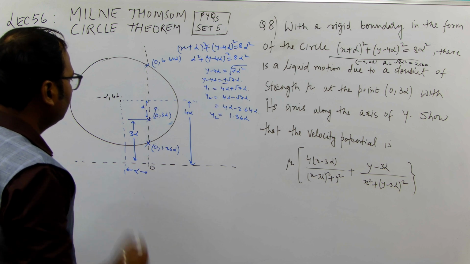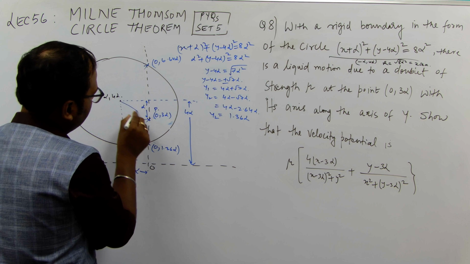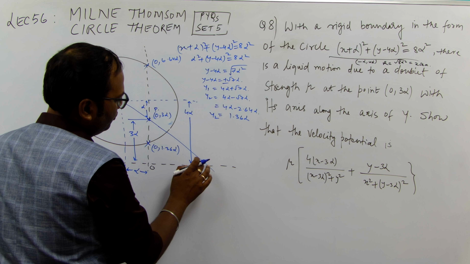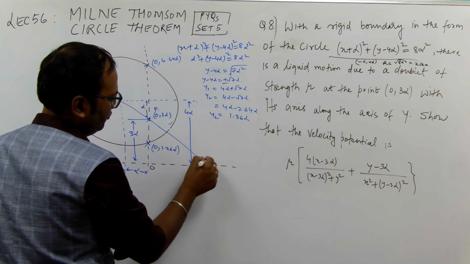The image of this point will lie outside this circle. Let this point be P dash. We are not sure whether P dash is on the x axis or not, so let us consider it somewhere here.